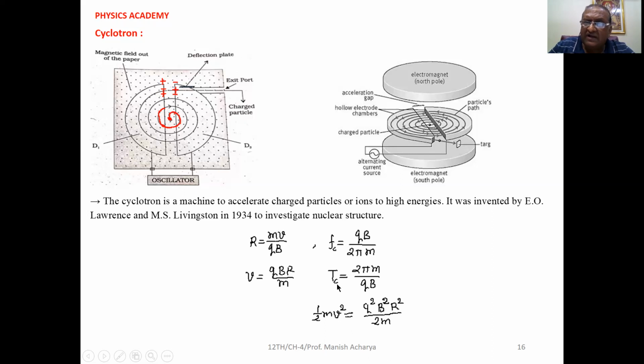From this one you can write the period of the revolution, that is 2 pi m upon qB. From this equation of the radius you can write velocity v, that is qBr upon m. So you can prepare the equation for the kinetic energy also, that is half mv square equal to q square B square r square upon 2m. Clear to all of you?